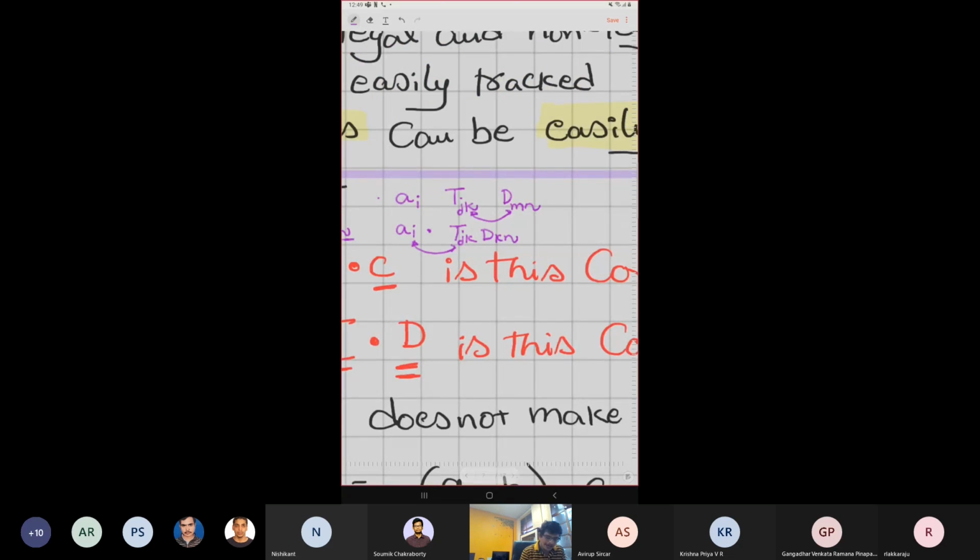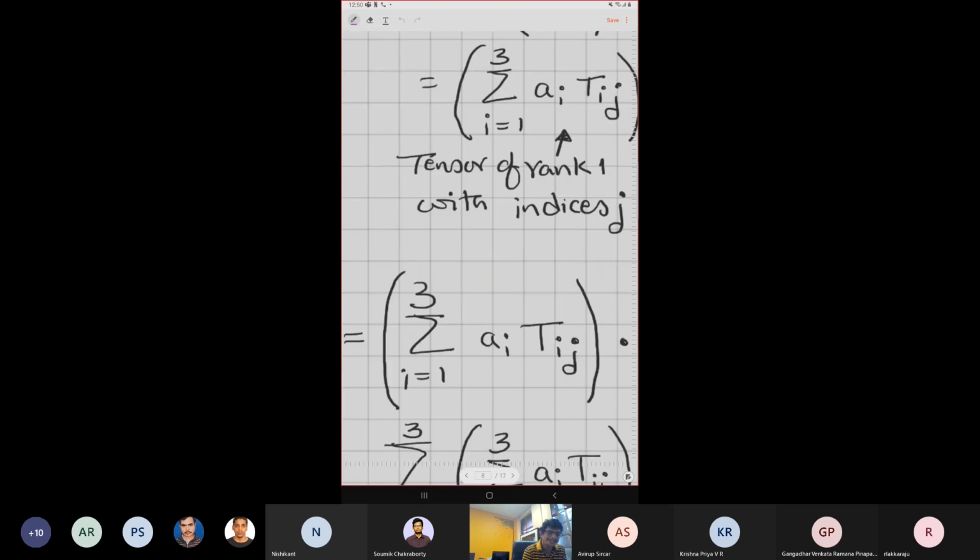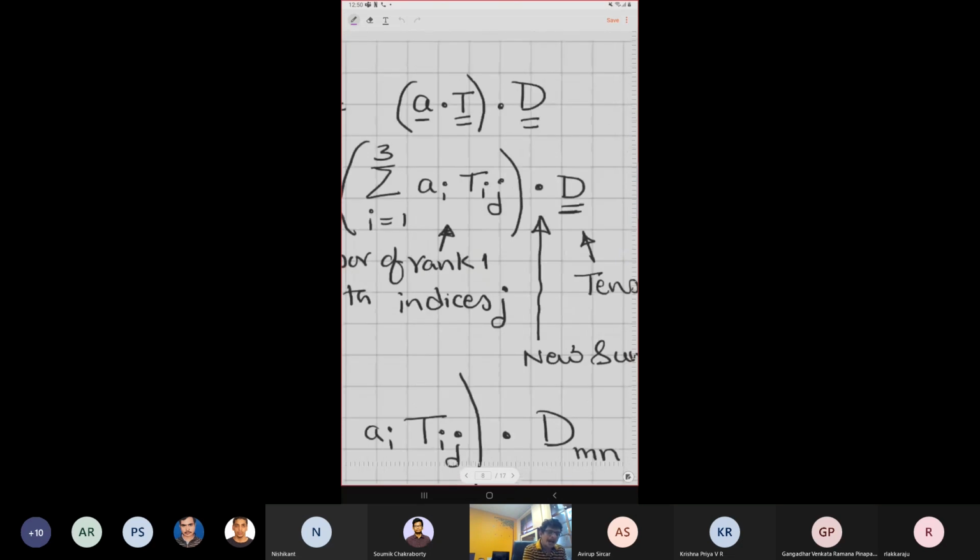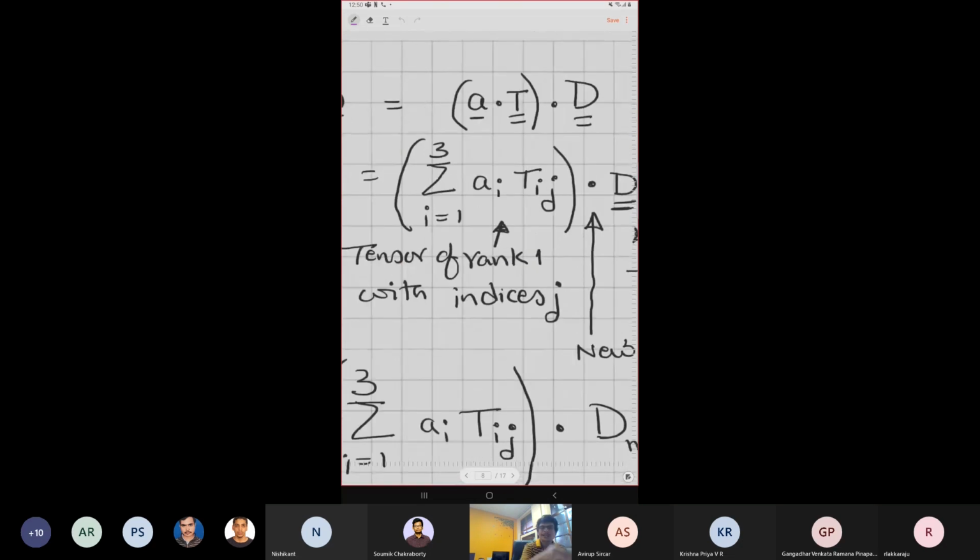But now what I would like to do is repeat the same process for the other. I would like to use A dot T dot D. So A dot T means A_i T_ij. That means already I have condensed something like M_j of T into I is equal to M. So replace M by I. That is the first thing I have done here.